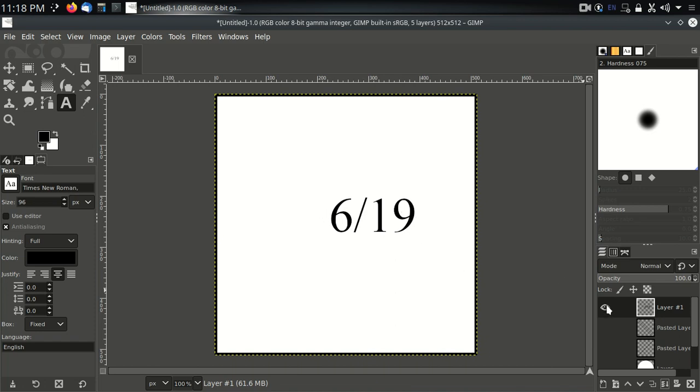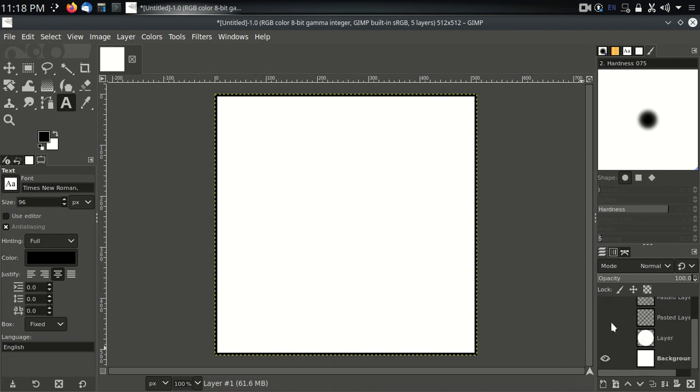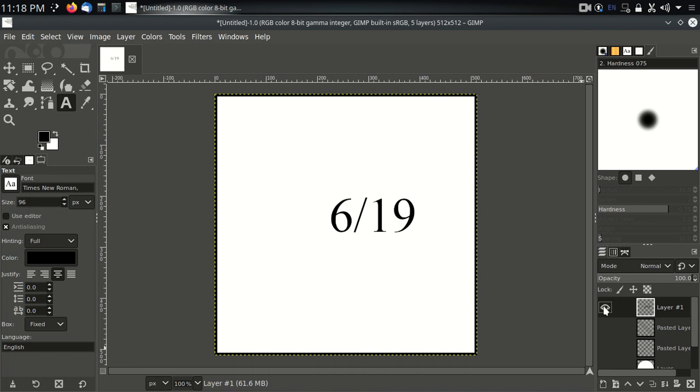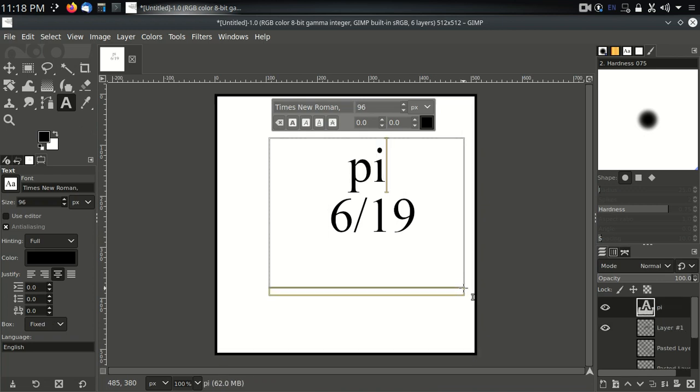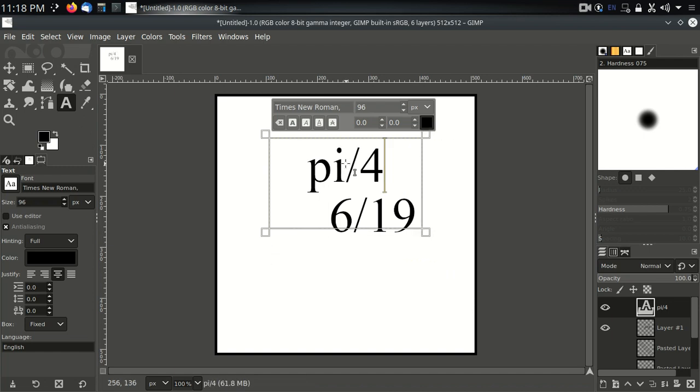But it also makes sense geometrically with figures, right? So pi on 4. Let's bring this back here and look at this one. So pi on 4, right? Let's get this to move a little bit.